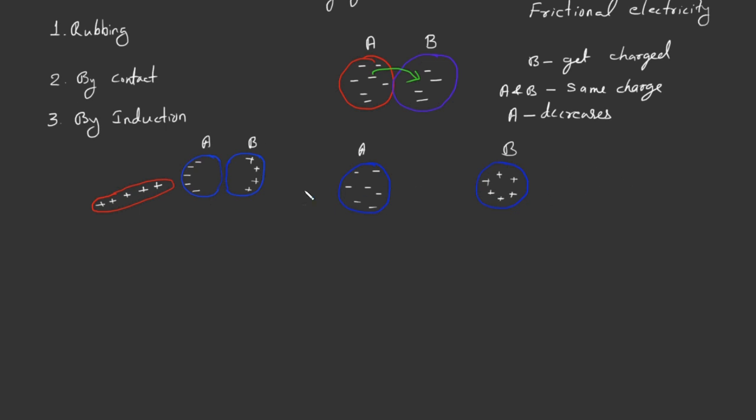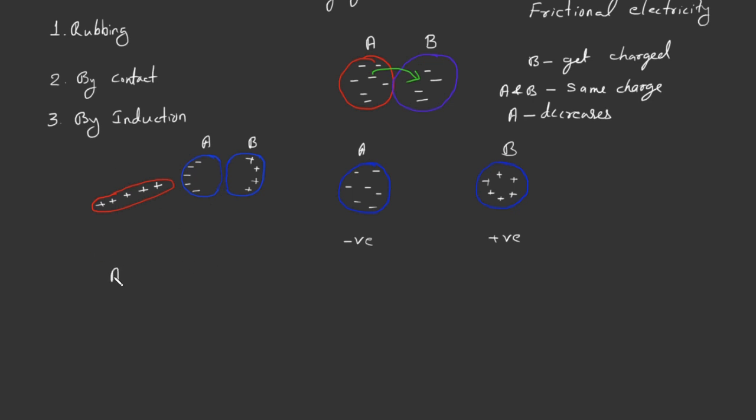So in this method, we got two bodies charged. One is negatively charged and the other is positively charged. But we didn't make any contact of the charged body with these metal spheres. As a result, the charge of the charged body is not lost or decreased in this process.